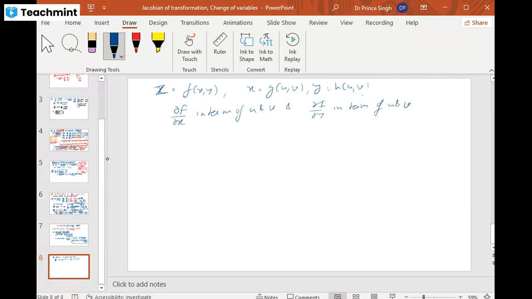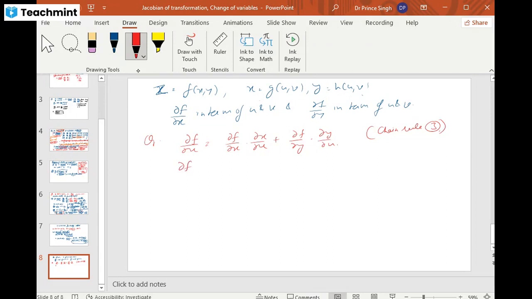Then again we are going to use the concept of change of variable. So what is the criteria there? Here we use the chain rule formula: curly f upon curly u is curly f upon curly x into curly x upon curly u, plus curly f upon curly y into curly y upon curly u. This is the chain rule property, case 3.